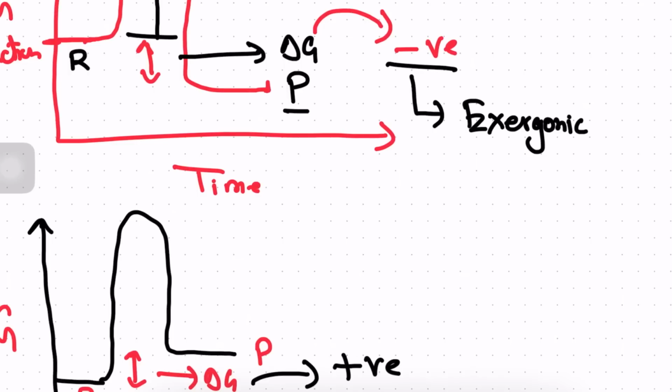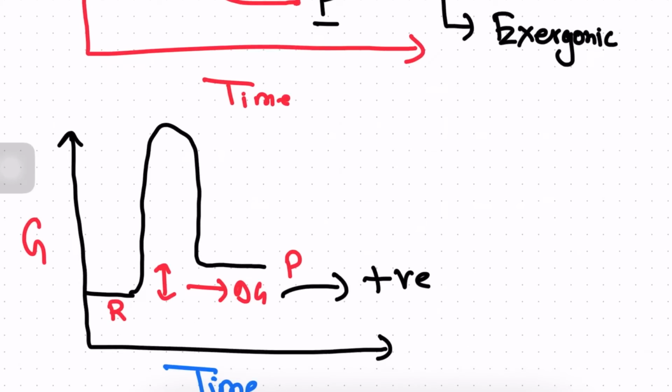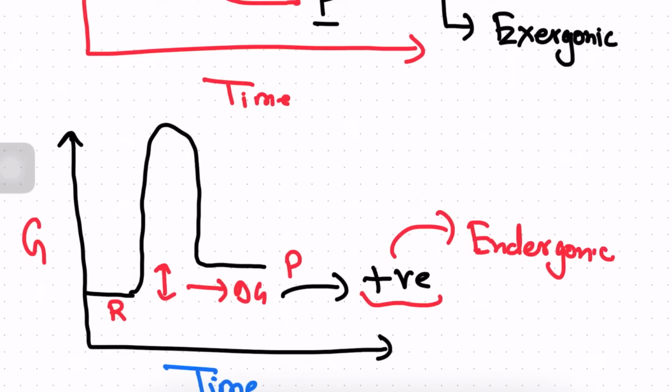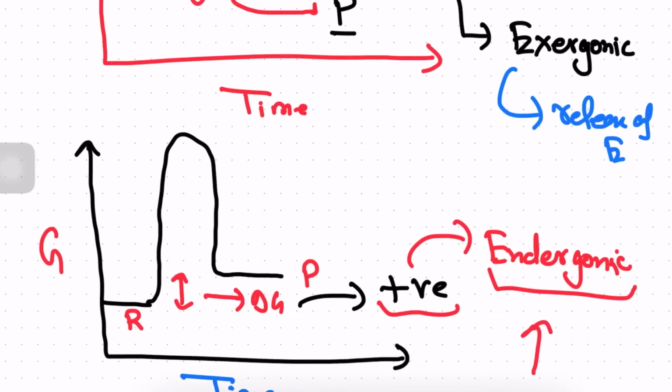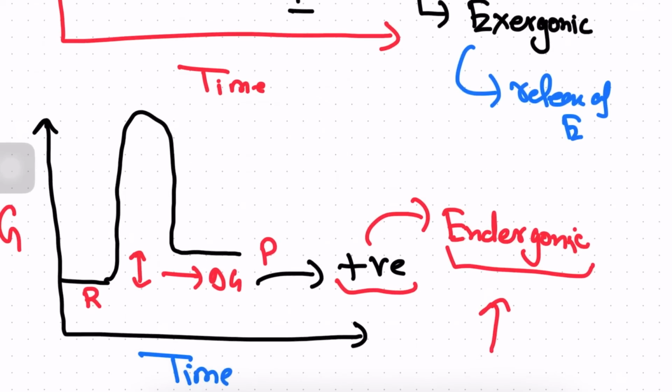And here the reaction is going to be endergonic. In an exergonic reaction, we see a release of energy. And in case of an endergonic reaction, you have to provide the energy. Your product has more energy, so you must supply the energy.